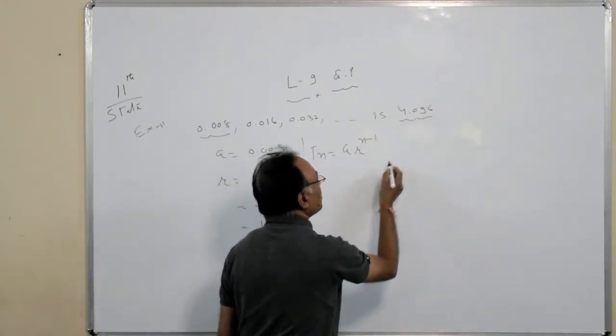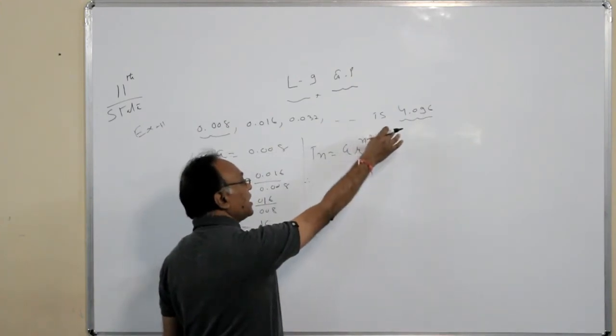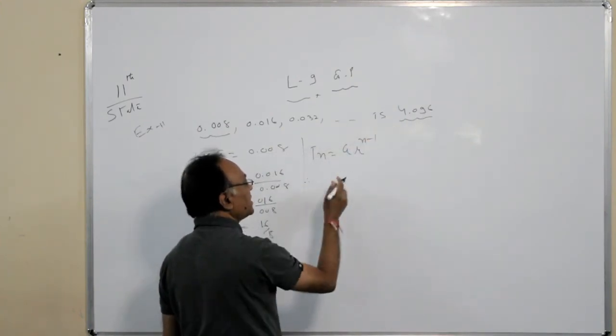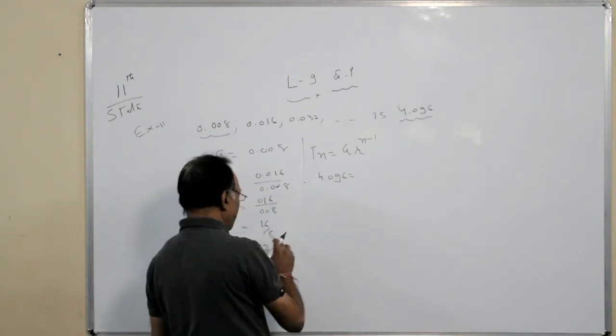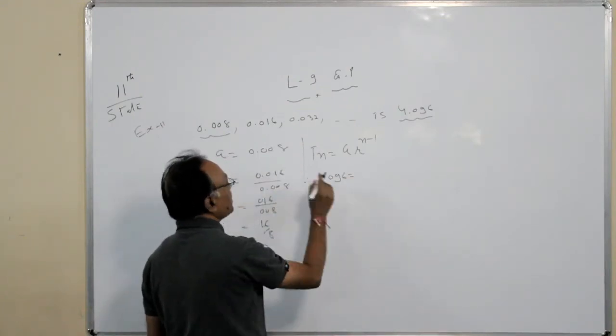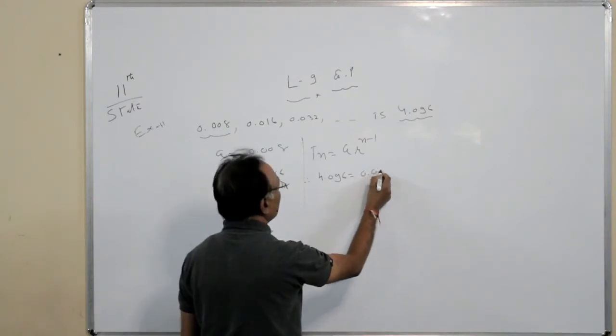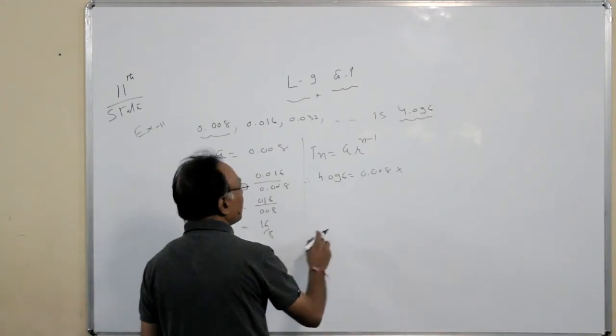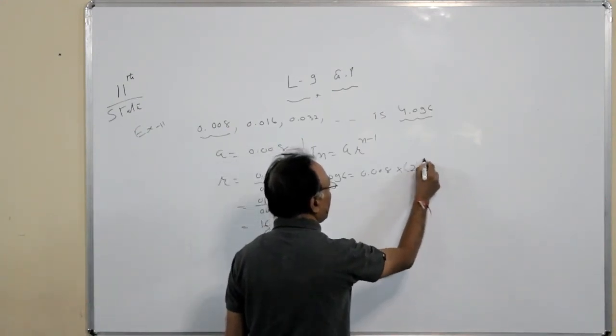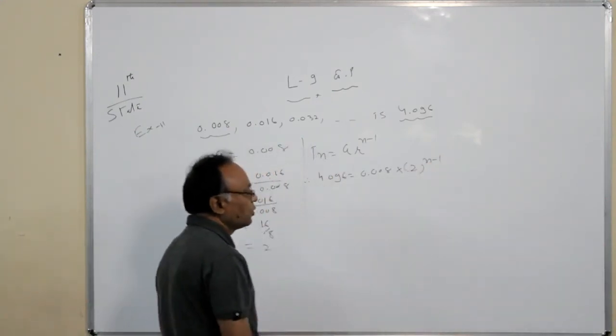Tn value is given. The last term here is given, 4.096. A is equal to 0.008, multiplied by R is equal to 2, and n we want to find.